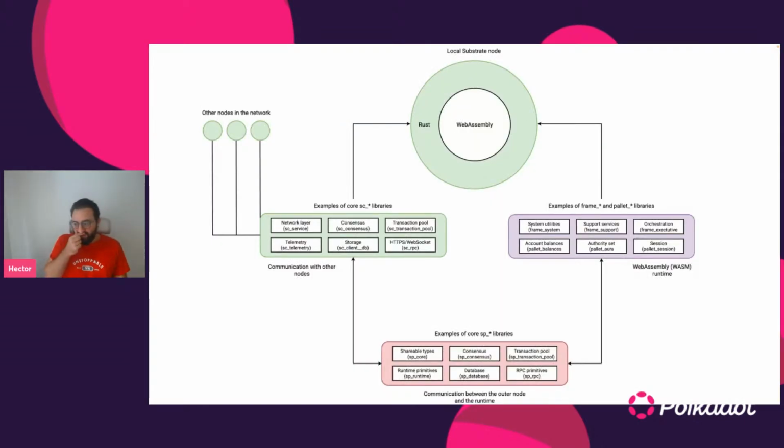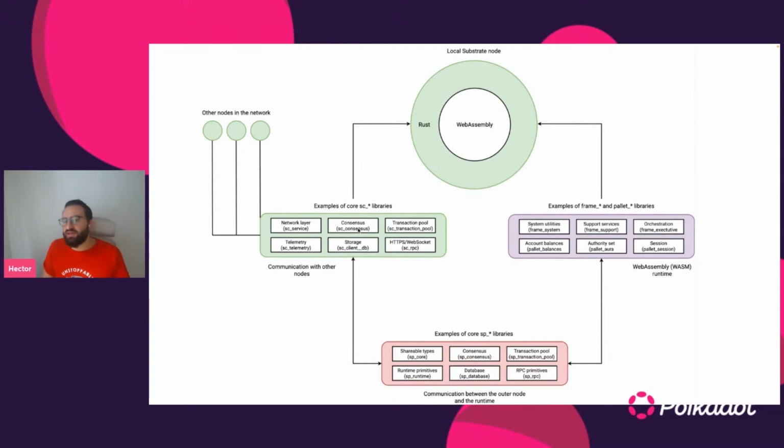From the Substrate documentation, I got this, which I think is pretty nice and pretty explanatory about how these libraries interact and what the responsibilities of each set of libraries are. So you might want to think of the core libraries as the components that communicate with other nodes, in the case of RPC or the transaction pool.